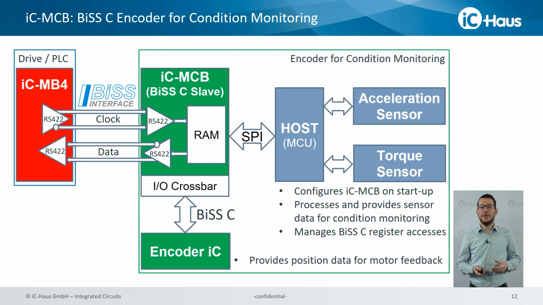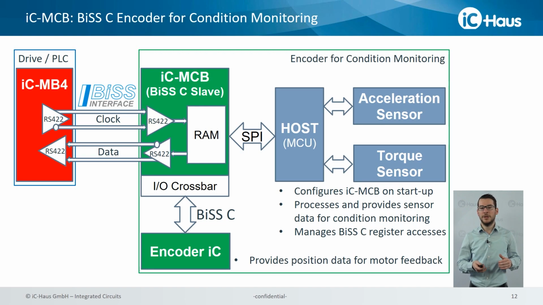Okay, imagine you already have an encoder implementation and you want to add some smart features, so additional data for condition monitoring or predictive maintenance. In that case, once again, the host microcontroller configures iC-MCB on startup and then provides the additional sensor data. That can be, in this case, the acceleration sensor data and the torque sensor data.